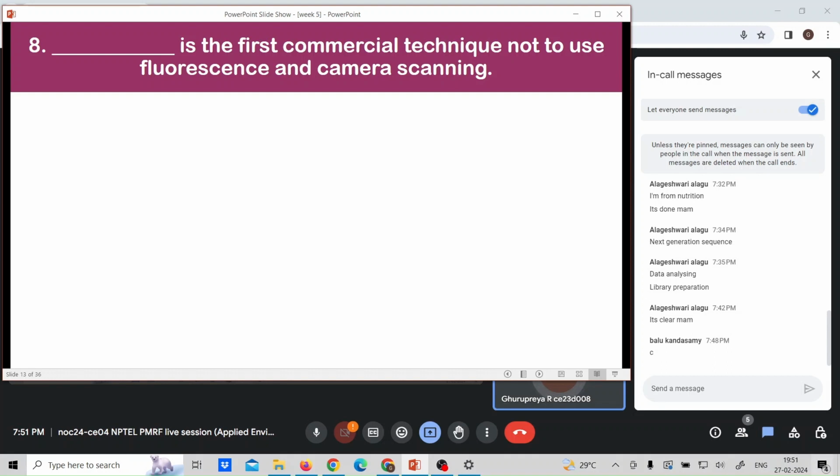Which technique does not use this fluorescence in camera scanning, as far as we know? You can just make a rough guess based on whatever we have discussed so far in all these previous seven questions.